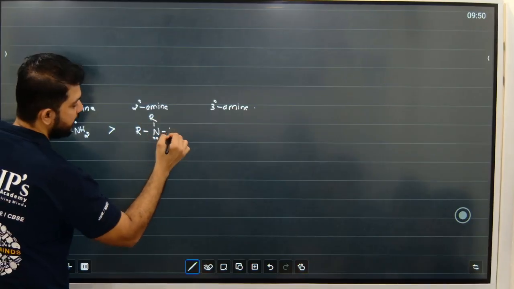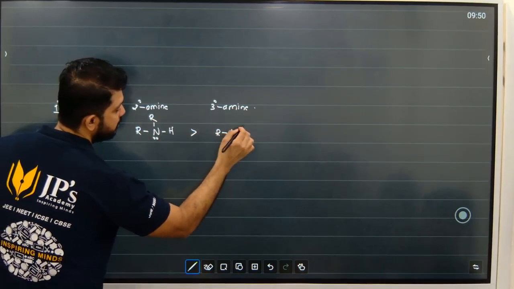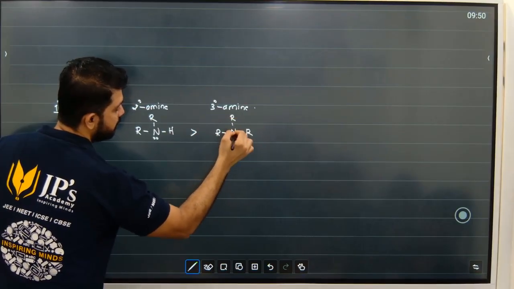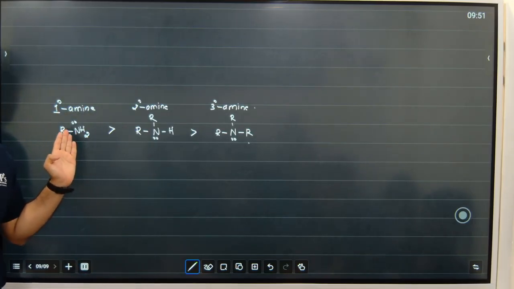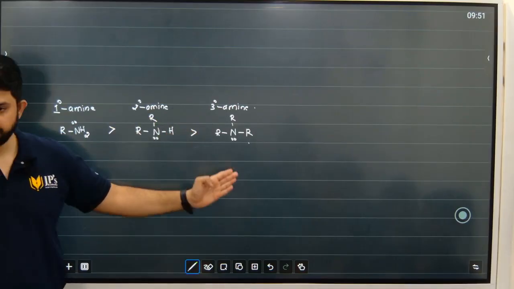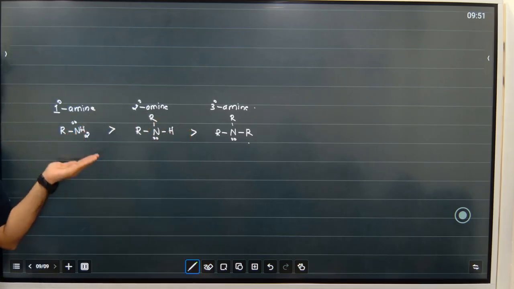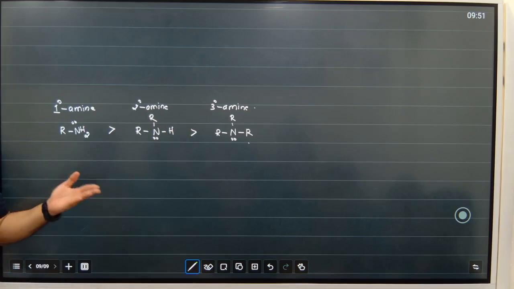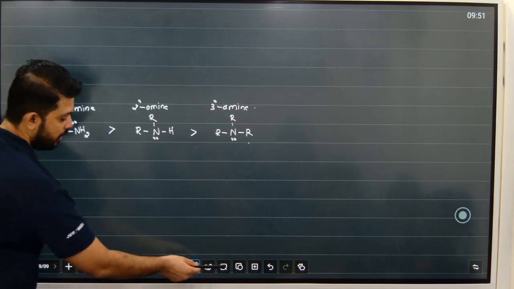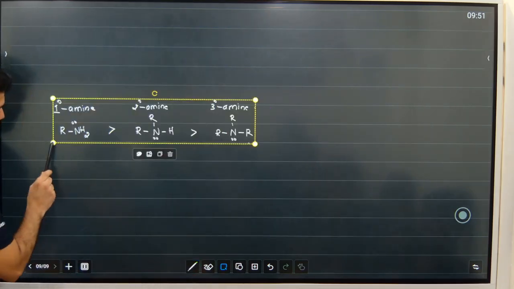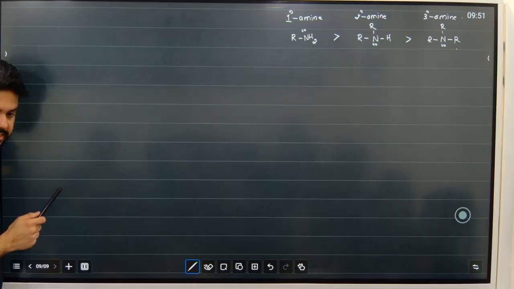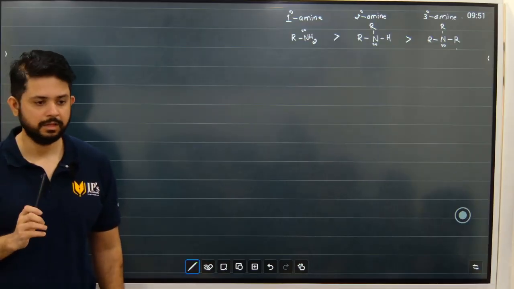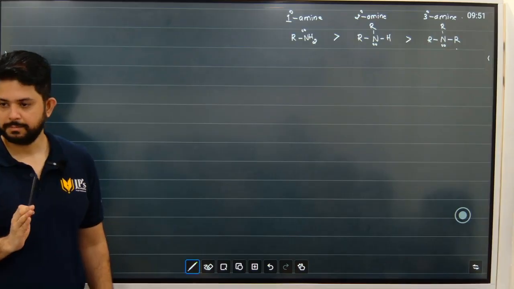This is called as a secondary amine, and so more number of hydrogen bonds in primary amine, lesser in secondary amine and lesser in tertiary amines. More the number of hydrogen bonds, higher will be the boiling point, higher will be the viscosity, and it also affects something called as basic character. We'll study that when we do basicity of amines. With till properties. Next.